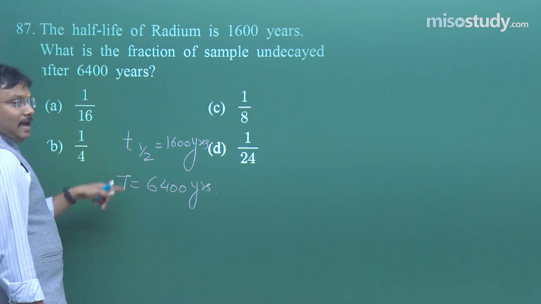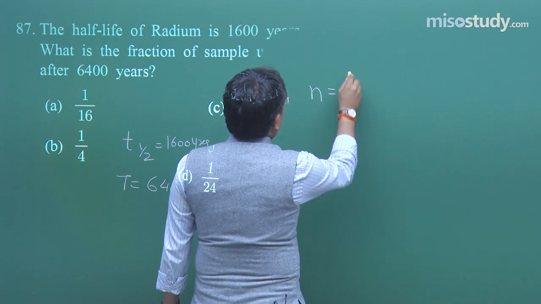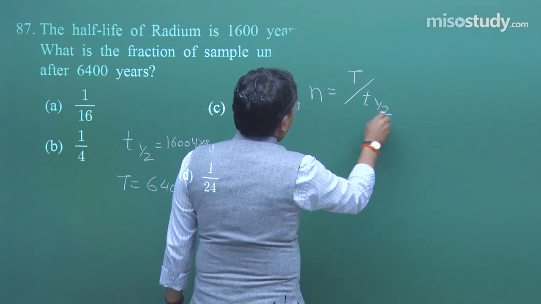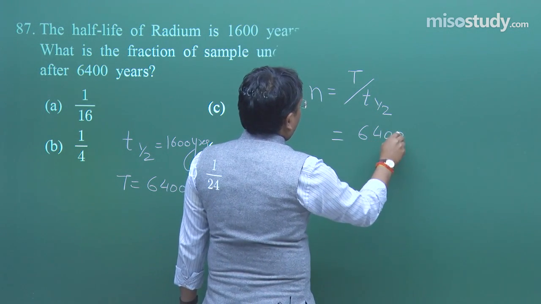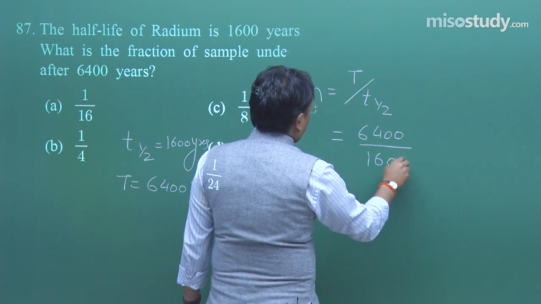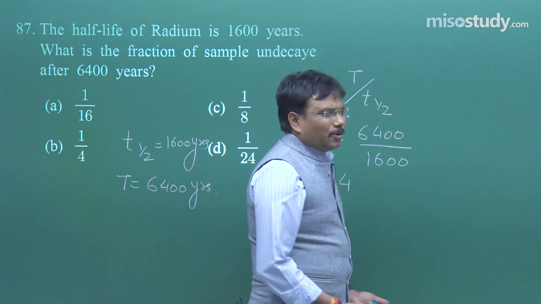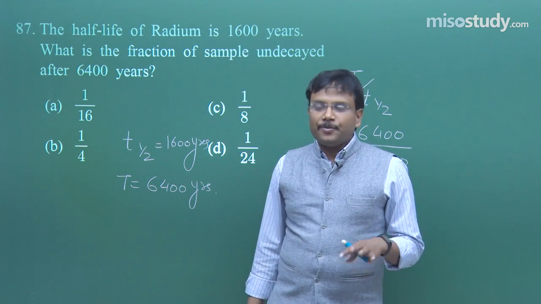So, how many half lives over here? n is equal to T upon T half. So, it will give me 6400 upon 1600. So, n is equal to 4. Although I need not write this down, directly you can say 4 half lives.